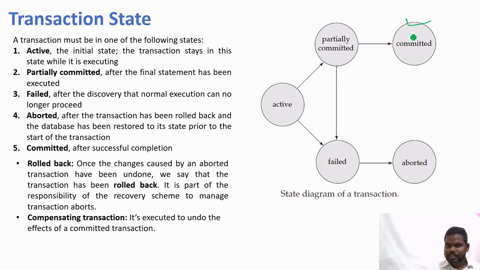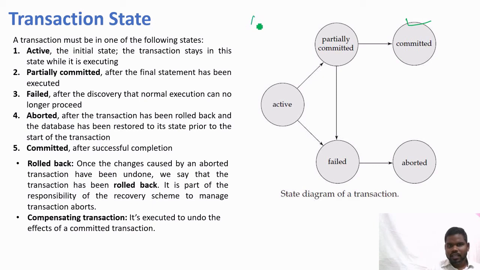But once the transaction enters the committed state, it cannot be rolled back. The only way we have is called a compensating transaction, which is executed to undo the effects of a committed transaction.